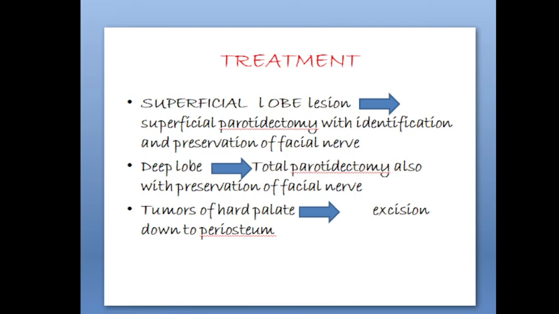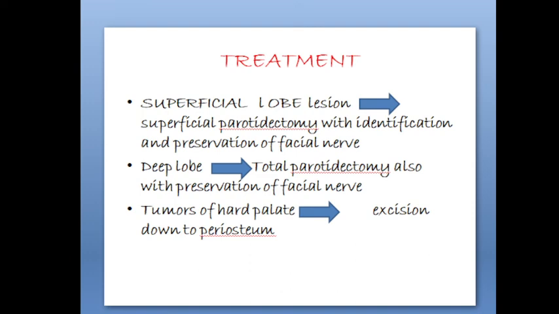Regarding the treatment of pleomorphic adenoma, pleomorphic adenoma seen in the superficial lobe is treated by superficial parotidectomy with identification and preservation of facial nerve. Now the question asked in exams is what is the treatment of choice for pleomorphic adenoma?